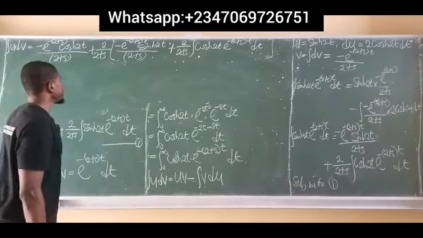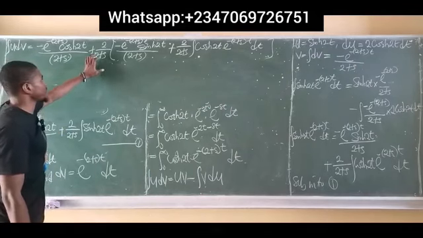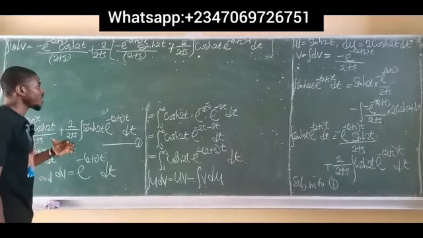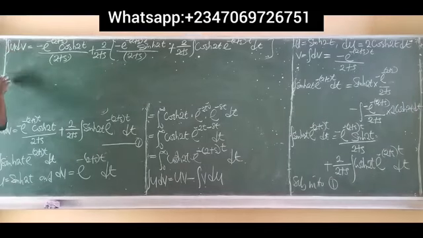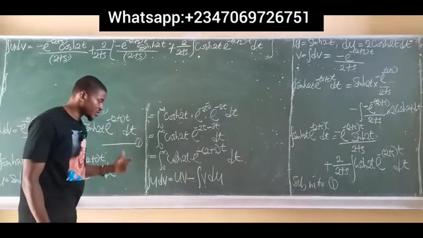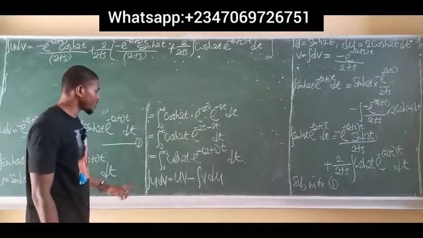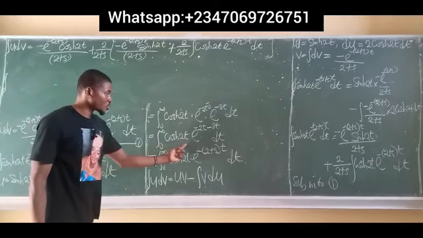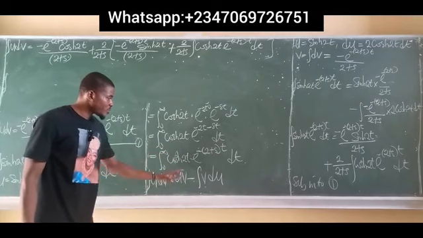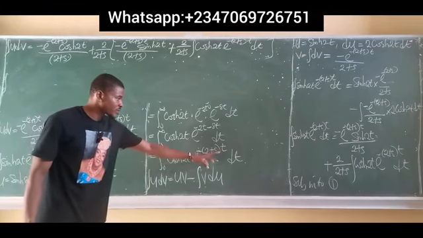At this point, let's expand the bracket with 2 all over 2 plus s. And while doing that, let's also include all the notations and their symbols. This is the integral of u dv. What is u? Remember at first, when we started the integration, we said let u be equal to cos 2t and let dv be equal to e to the power of minus (2 plus s)t dt.